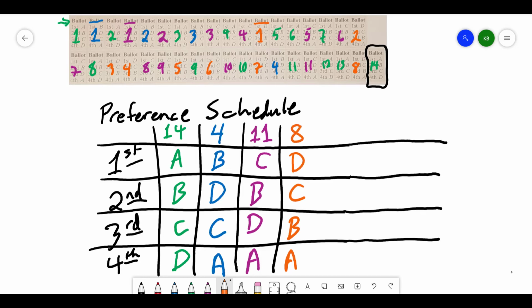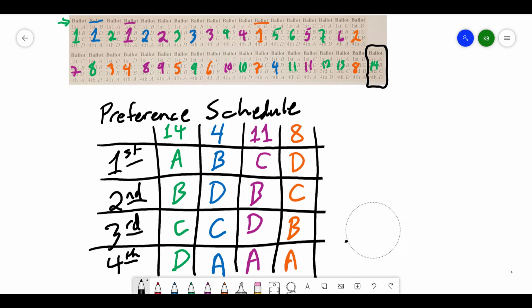So there are 8 that look like that. And that's the end of my preference schedule. So now I don't have to look at all of the individual ballots anymore. I can just look at the preference schedule that gives me a summary of how everyone voted. So we're going to be using preference schedules throughout this material to work with elections.